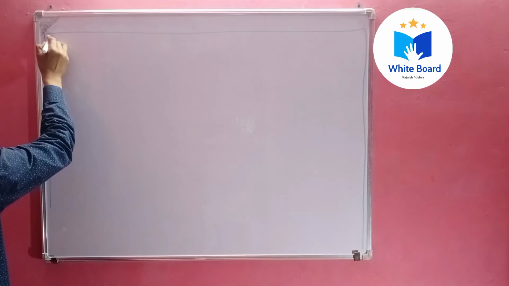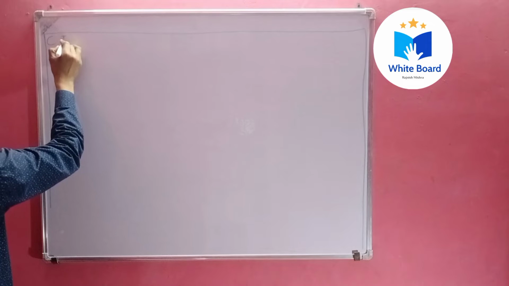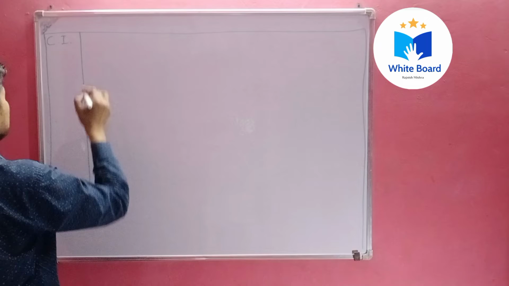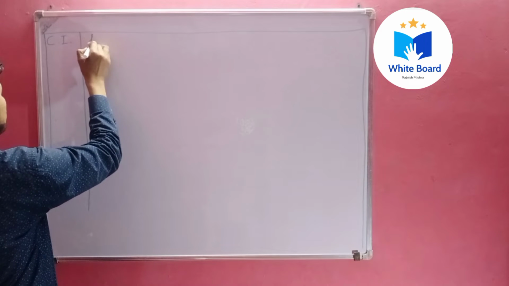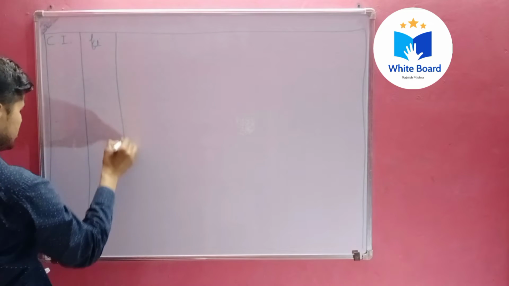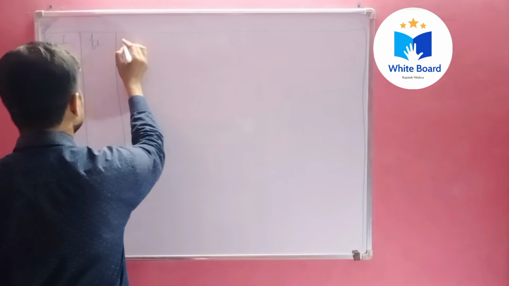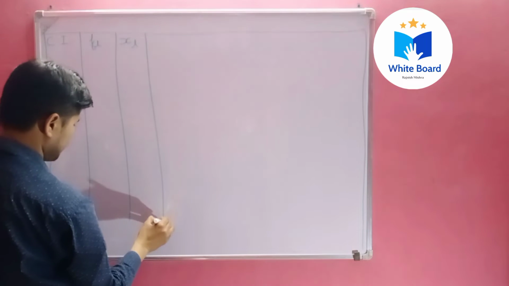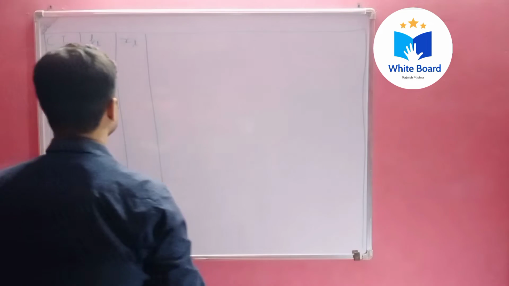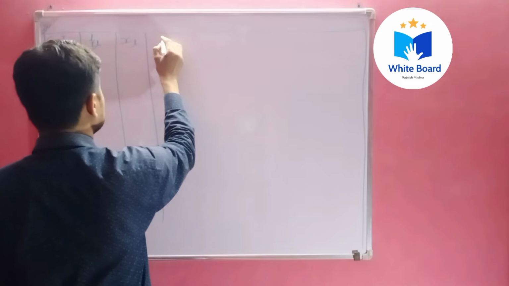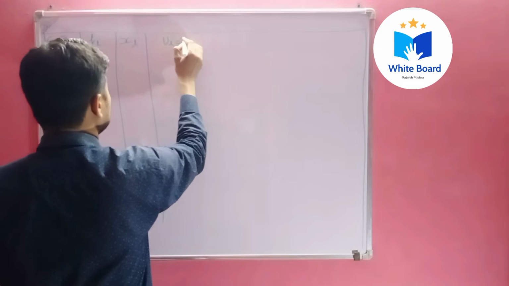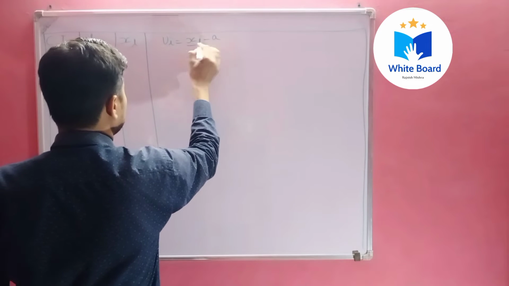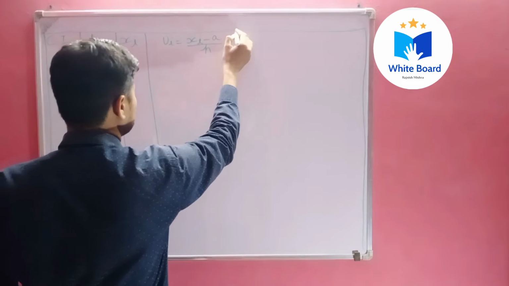We have here the class interval, that is Ci, and we also have the frequency given, that is the number of workers, and similarly we find the class mark for each class interval. After that we will find ui, that is xi minus a upon h.